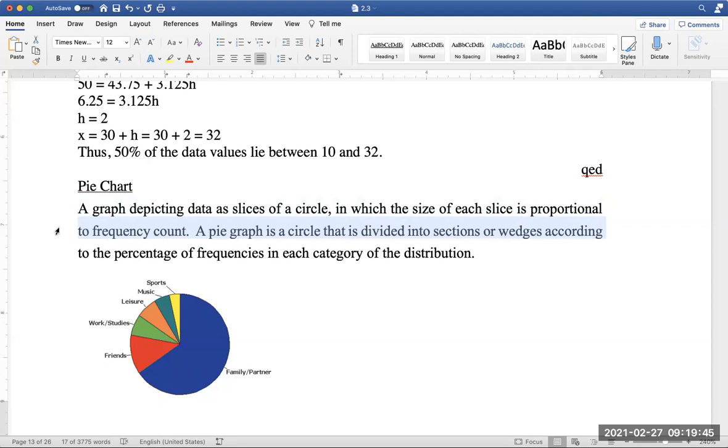A pie chart is a circle divided into sections or wedges according to the percentage of frequencies in each category of the distribution.